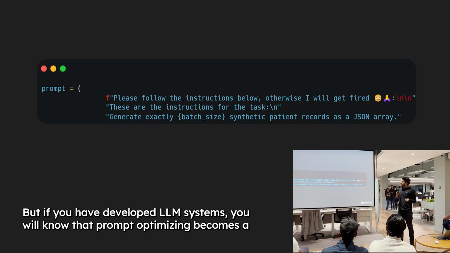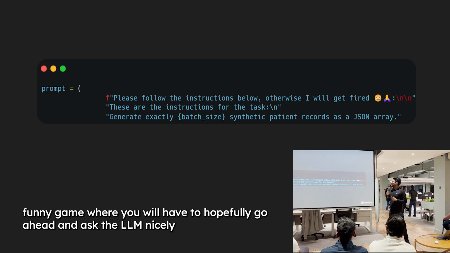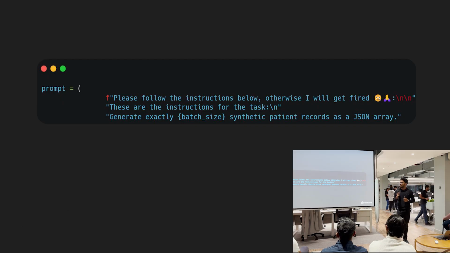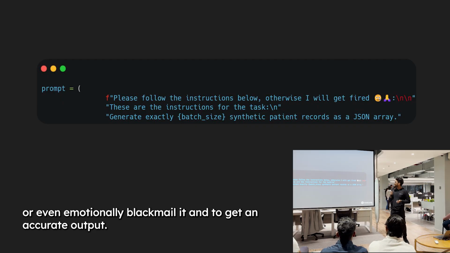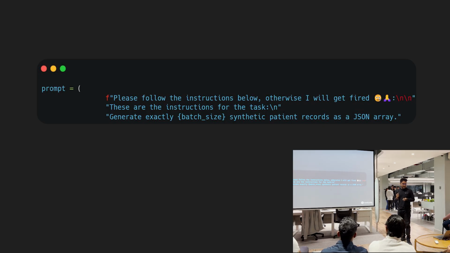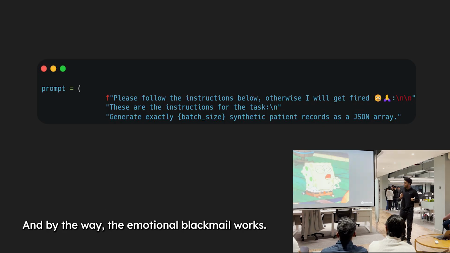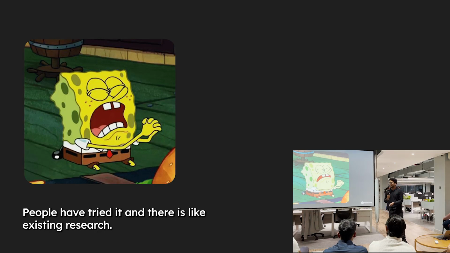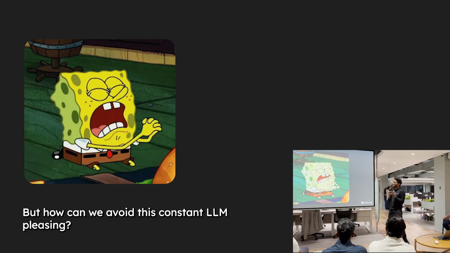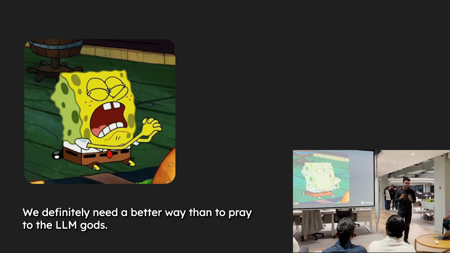But if you have developed LLM systems, you will know that prompt optimizing becomes a funny game, where you will have to hopefully go ahead and ask the LLM nicely or even emotionally blackmail it, to get an accurate output. And by the way, the emotional blackmail works. People have tried it, and there's existing research. But how can we avoid this constant LLM pleasing? Right? We definitely need a better way than to pray to the LLM gods.